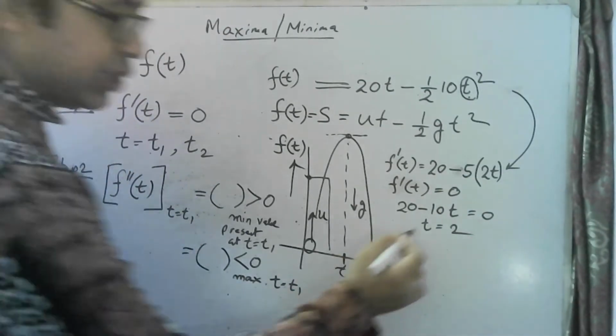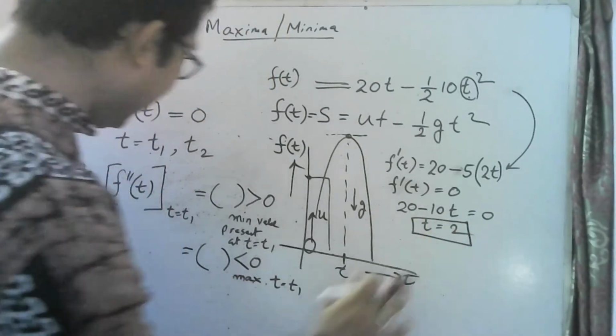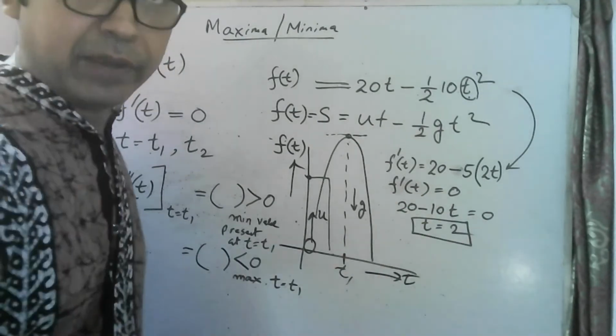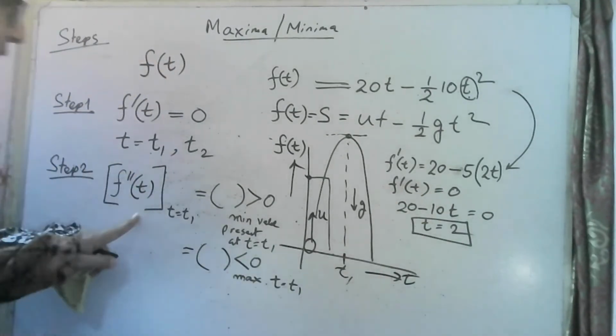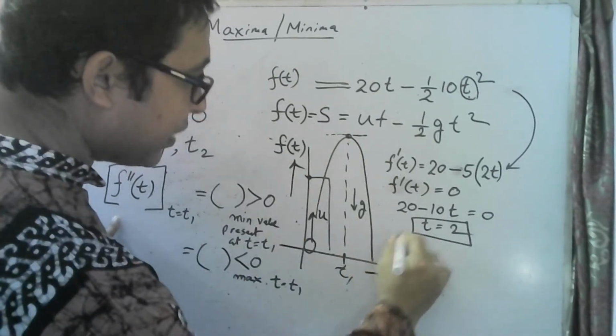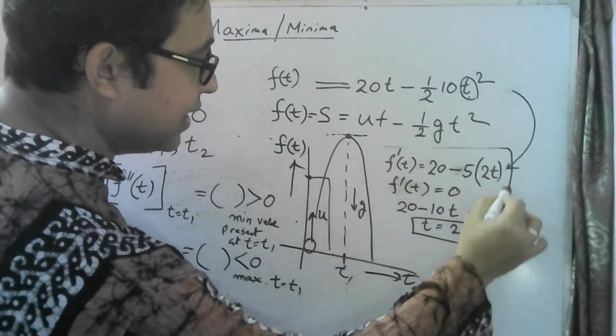So I am pretty sure that at t equal to 2, either a maximum or a minimum is present. But I am not sure whether this is a maximum or a minimum. That we have to check from the second differentiation. So now my first order function, f dash t, is this.